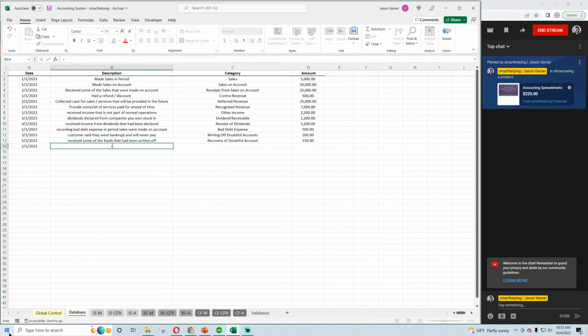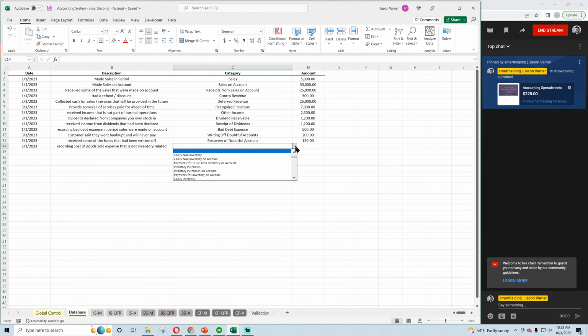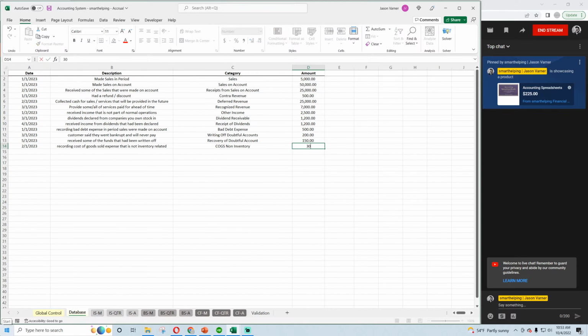And recording expense, recording cost of goods sold expense that is not inventory related. So let's say it's a SaaS company, this would be like your Amazon Web Services spend. It's a cost of goods sold, non-inventory. Let's say it's 3,000.